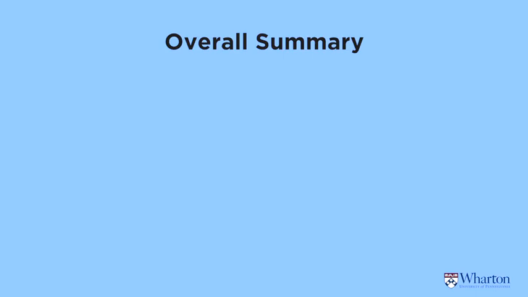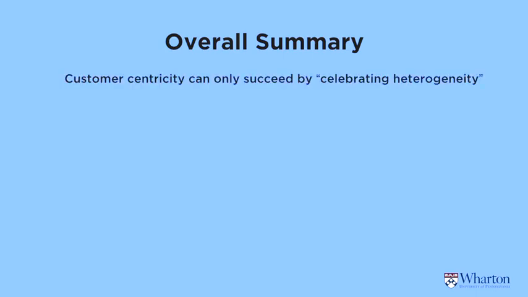Let me just summarize it for you, and then we'll step back and take a last look at all of customer centricity. So I keep saying it all along, and I hope that you can appreciate how customer centricity is a celebration of heterogeneity. And by really understanding, by measuring and fully appreciating heterogeneity, it brings new light onto acquisition, retention, and development.